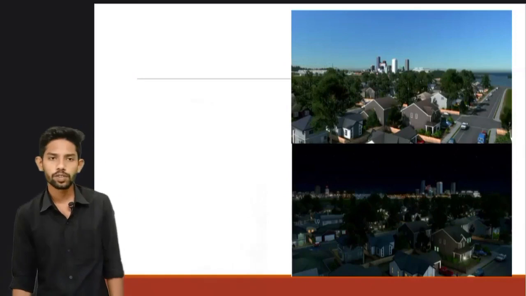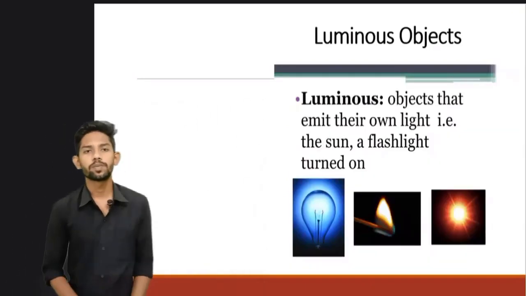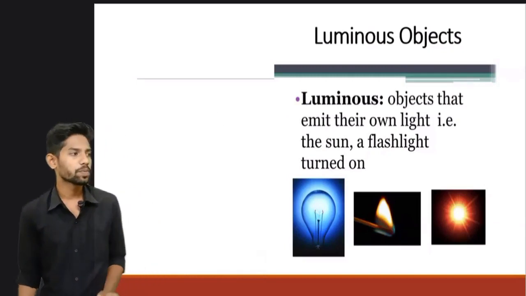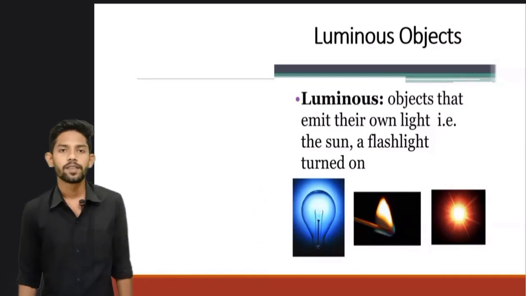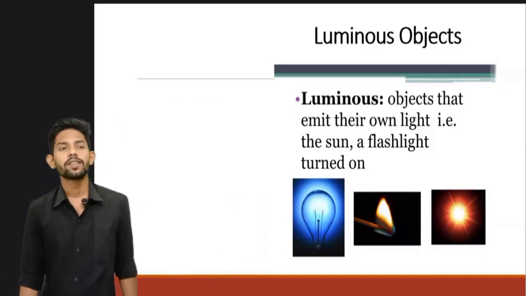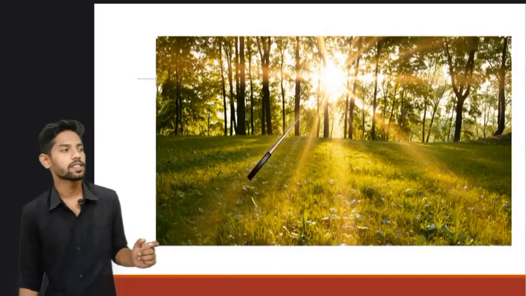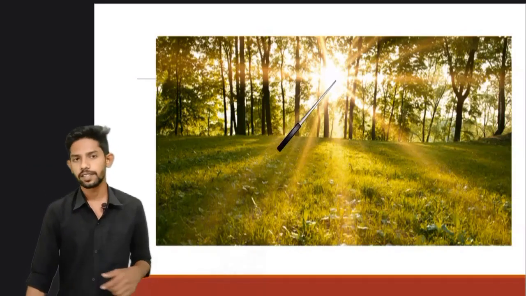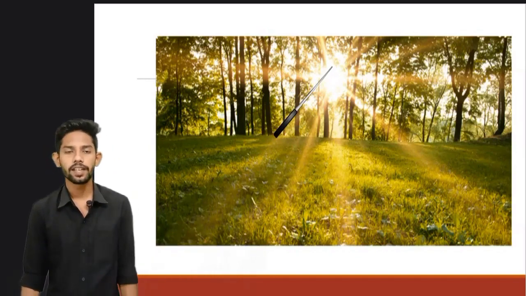Then we shall move on to the topic luminous objects. Luminous objects are those which emit their own light. For example, we have sunlight. Sunlight is the thing which creates light on its own.